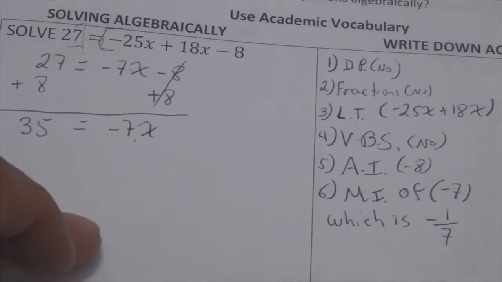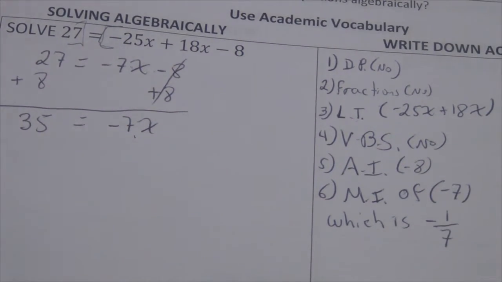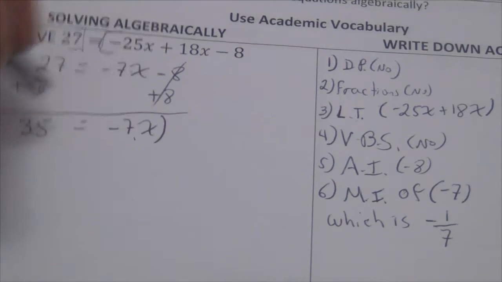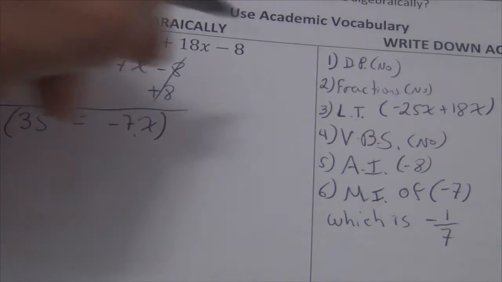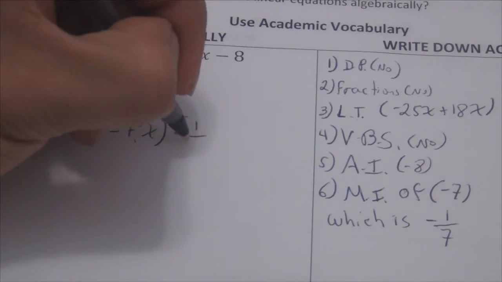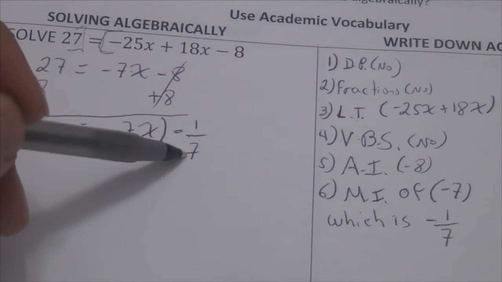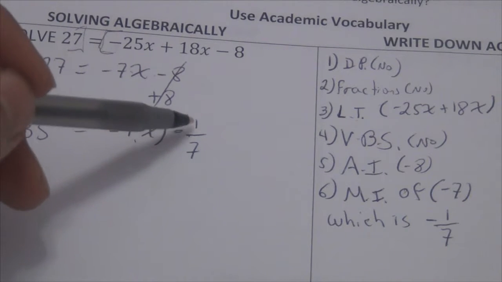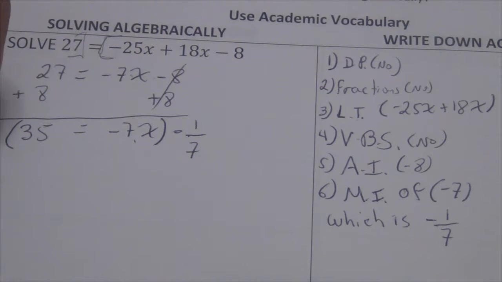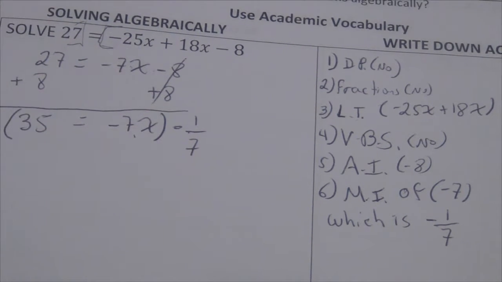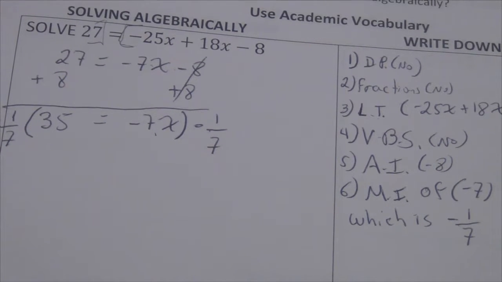So the multiplicative inverse or reciprocal should be negative 1 over 7. So I'm going to multiply the whole equation by that. You could say 1 over negative 7, negative 1 over 7, or just negative and then 1 over 7. However you want it, it's still the same thing. Okay, so we get that.